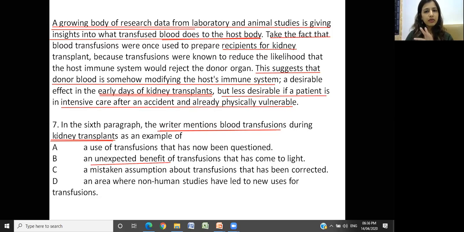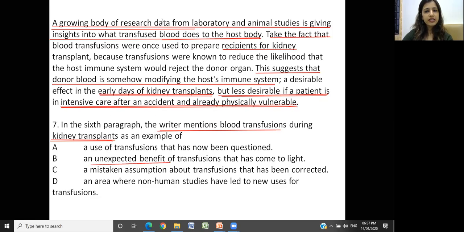And it was almost clear that it is not doing any good to the patients. And then here he used that example and he clearly said that probably in kidney transplant it could be a desirable effect, but it is definitely not desirable if the patient is already vulnerable. And we are mainly looking at blood transfusion for other patients. We're not looking at blood transfusion only for kidney patients.